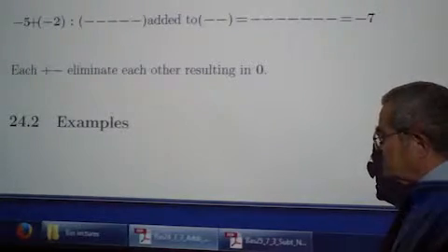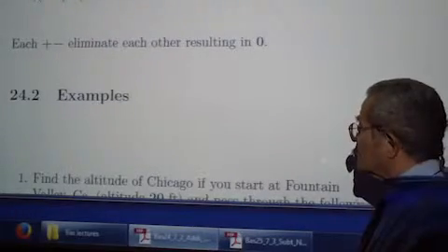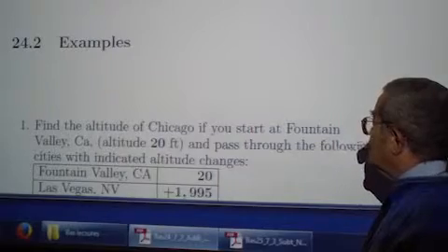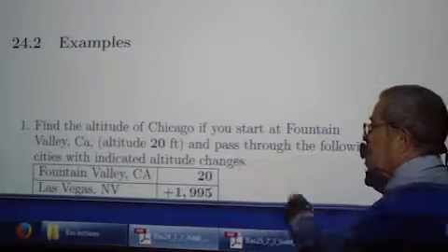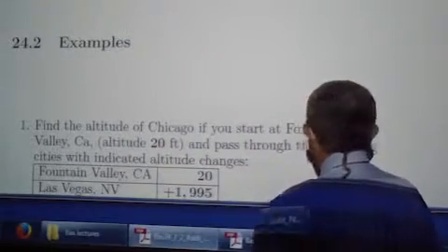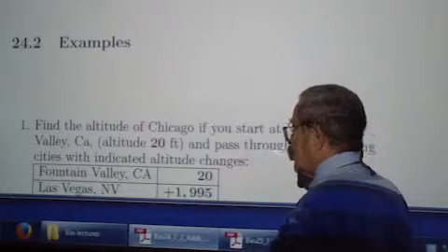Okay, then we wanted some examples. We wanted to find the altitude of Chicago. If you start at Fountain Valley, California, at an altitude of 20 feet above sea level, and pass through the following cities with indicated absolute values.